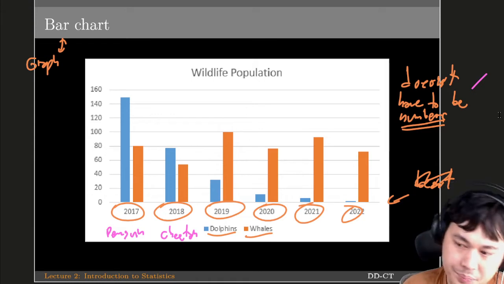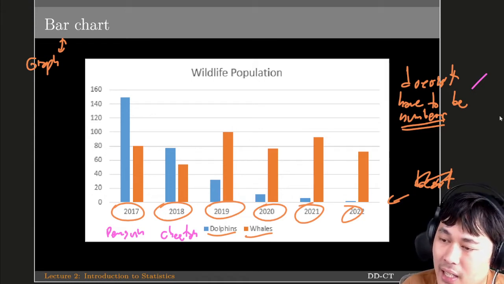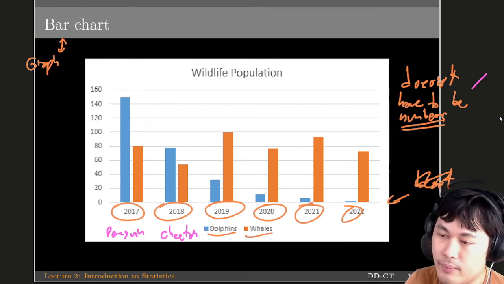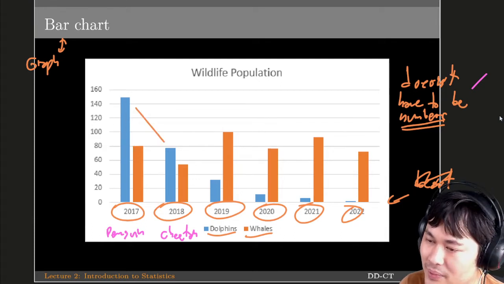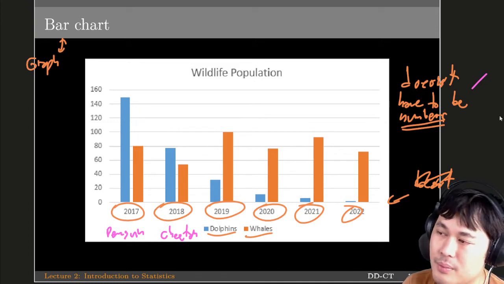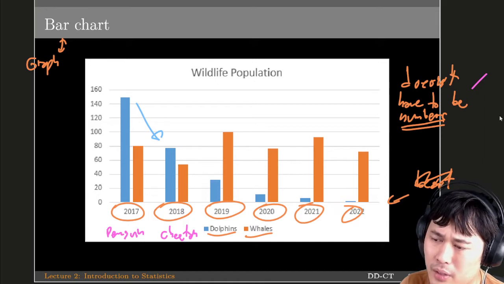And here you can see the trend that in 2017 there are twice as many dolphins. But next year, the number of dolphins drops in half. That's easy to see at a glance. Something must have happened that year. But for whales, nothing much.